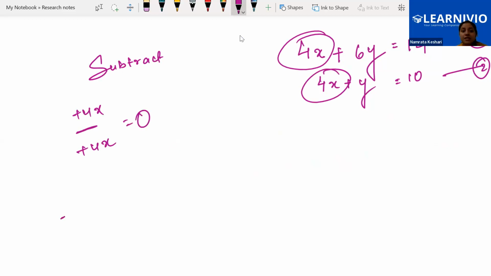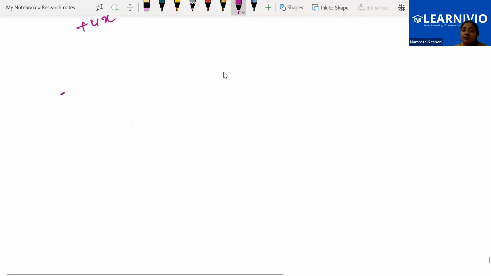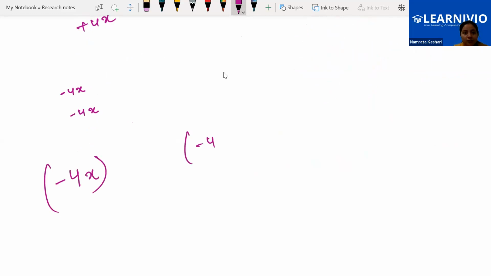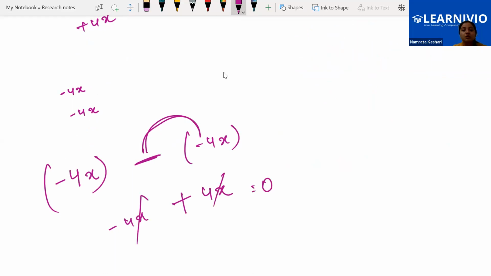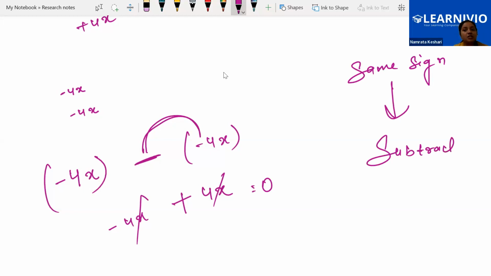When both are same sign, again I would repeat, if you are having minus 4x, then minus 4x, you have to subtract it, so that this minus minus will become plus 4x here, and here minus 4x, and eventually it will make 0. So what I am saying, when same sign is there, either both are positive or both are negative, you have to subtract them, because subtraction sign will reverse the sign.